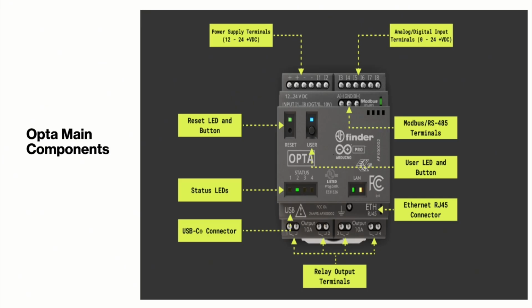Communication interfaces are also present such as Ethernet ports, RS-485 connectors, and Wi-Fi modules, which allow OPTA to communicate with other devices and networks. All of this is packed in a rugged industrial-grade housing that can be mounted inside a panel or control cabinet.